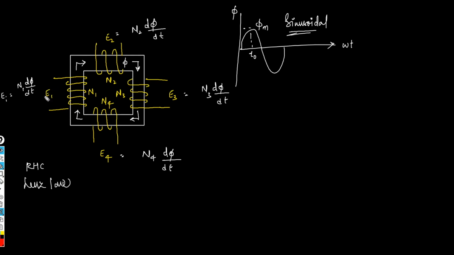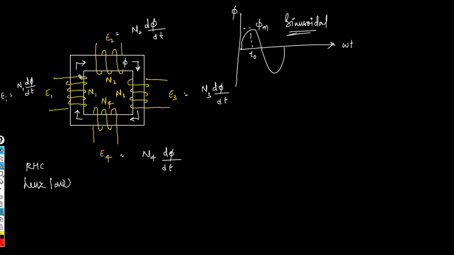And in this particular N1 turns, the current will be produced when this circuit is totally closed. Now assume that this N1 turns has been closed by means of any load. Therefore, the current develops. Now, the direction of the current should be such that it should oppose this particular flux direction which is originally present before the development of this induced EMF E1.